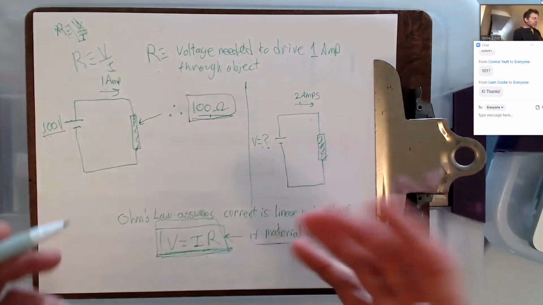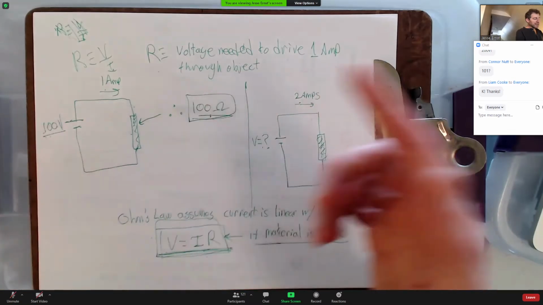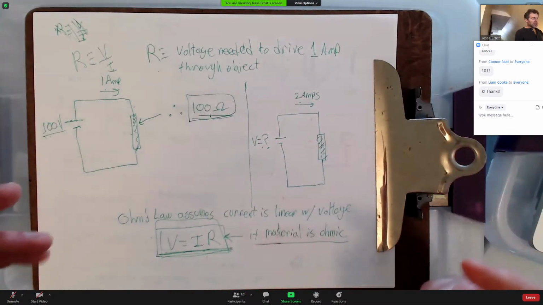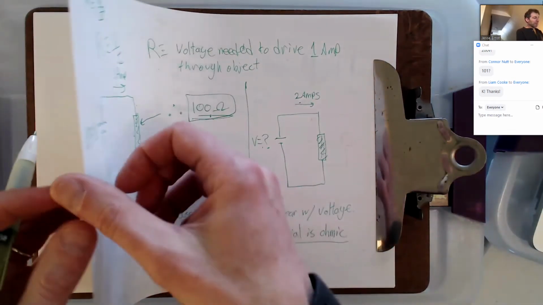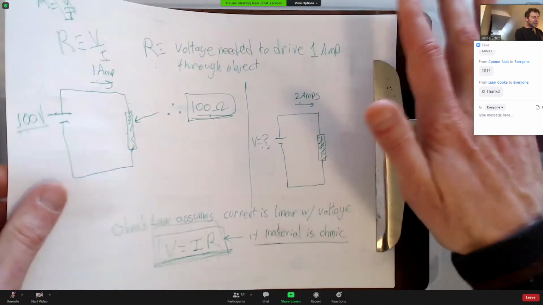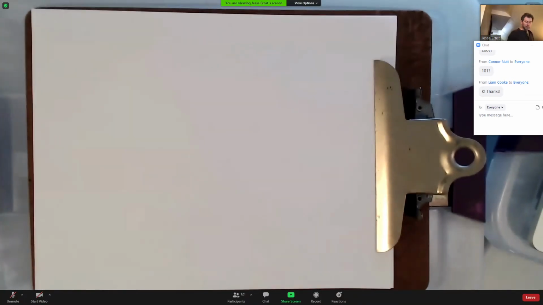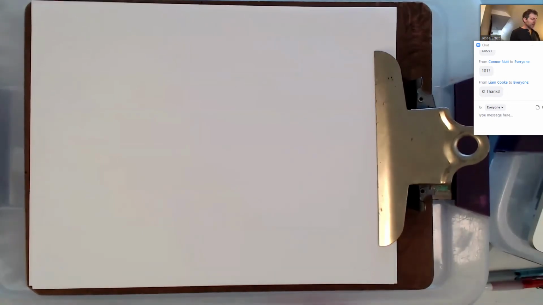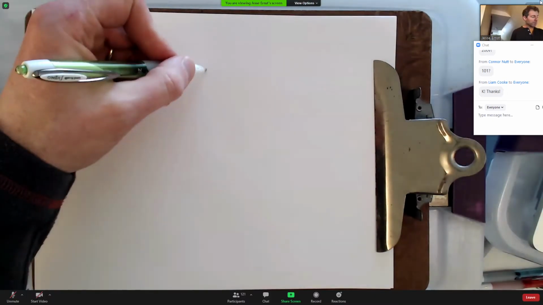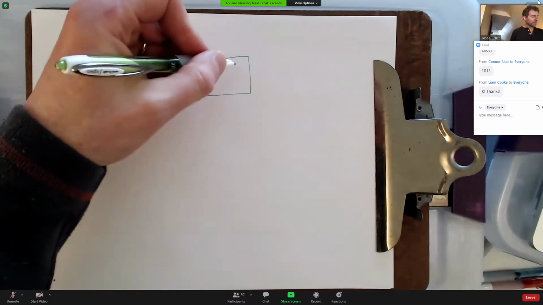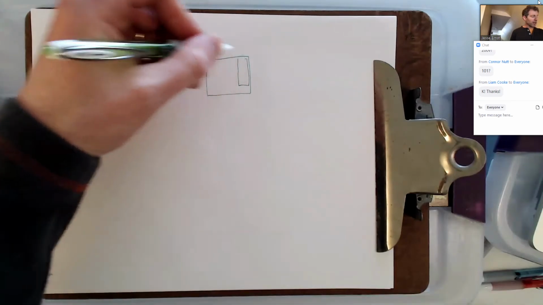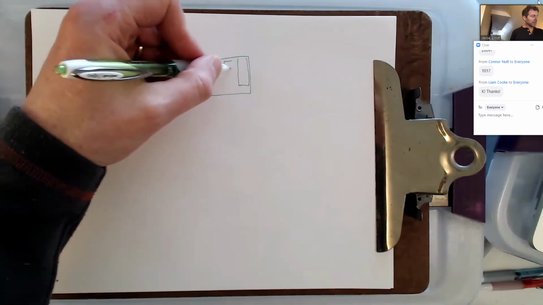Some materials have more resistance, some materials have less. There's a reason why, if you have a small bathroom, I'll do a little architectural drawing of your bathroom: tub, toilet, sink.